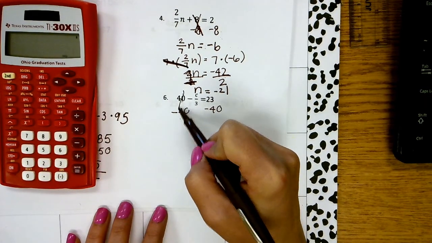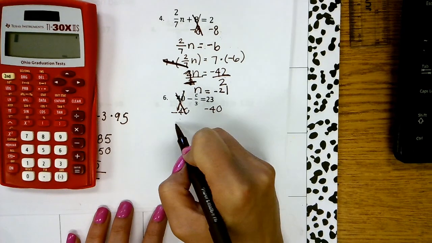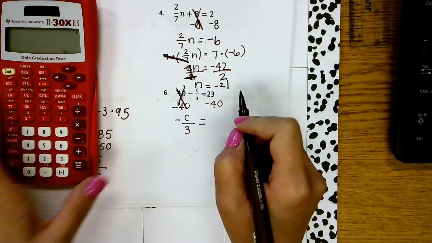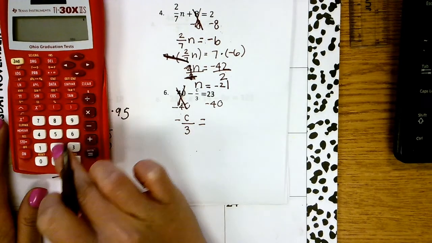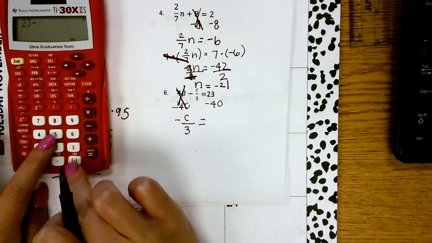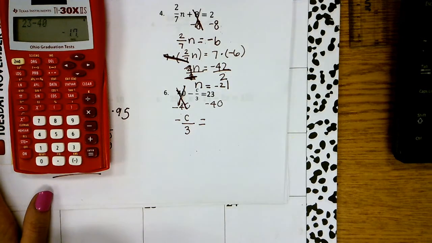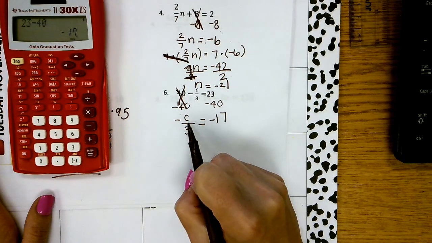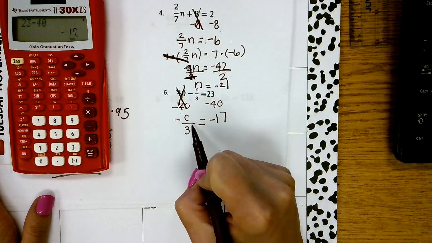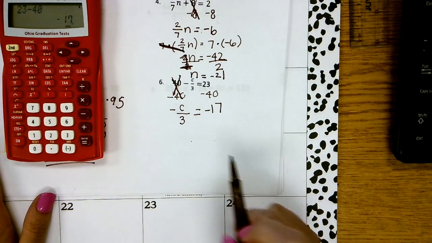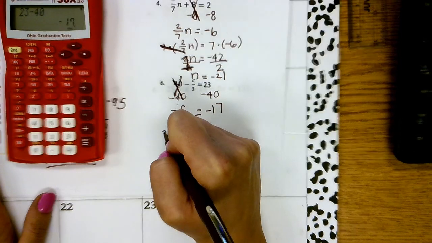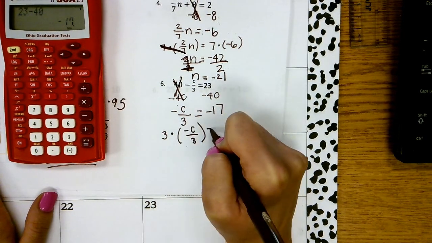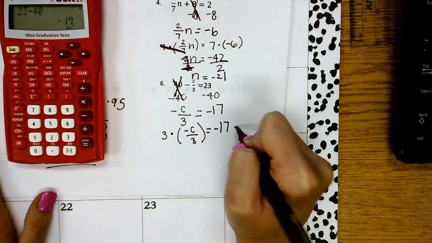On the left, these 40's will cancel out, so we'll get negative c over 3 equals, on our calculator, let's do 23 minus 40 to get negative 17. Alright, so now we have a fraction here. To get rid of the fraction, we multiply both sides of the equation by the denominator. So we're going to have 3 times negative c over 3 equals negative 17 times 3.